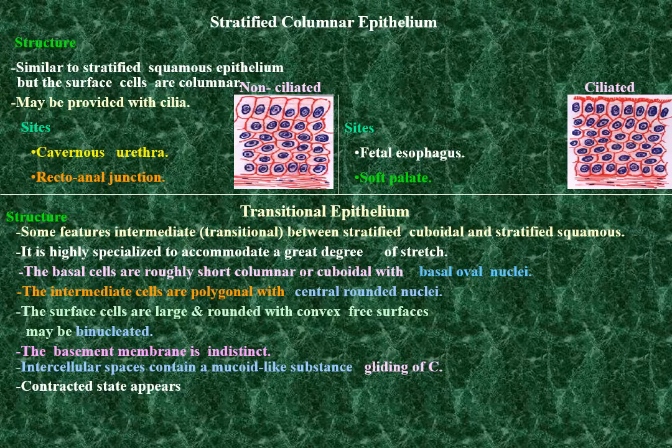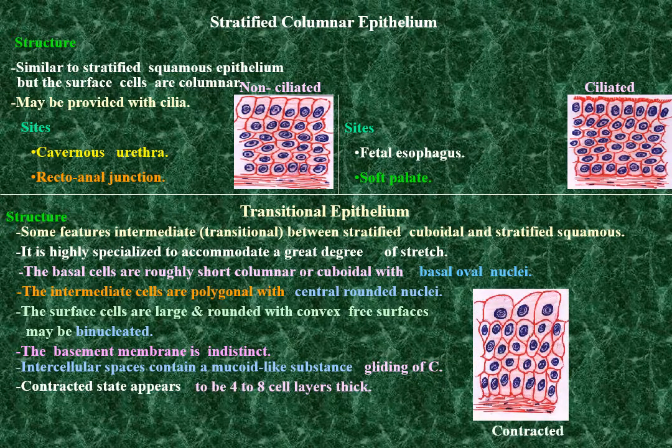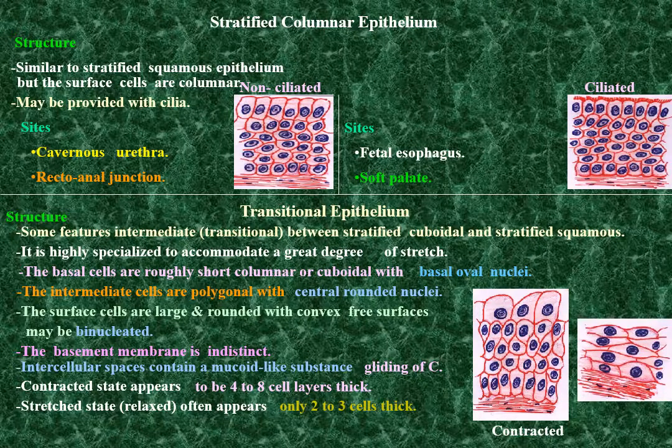In contracted state, the transitional epithelium appears to be about 4 to 8 cell layers thick, while in the stretched or relaxed state, transitional epithelium often appears only 2 or 3 cells thick. Both the intermediate and the surface layers are extremely flattened.